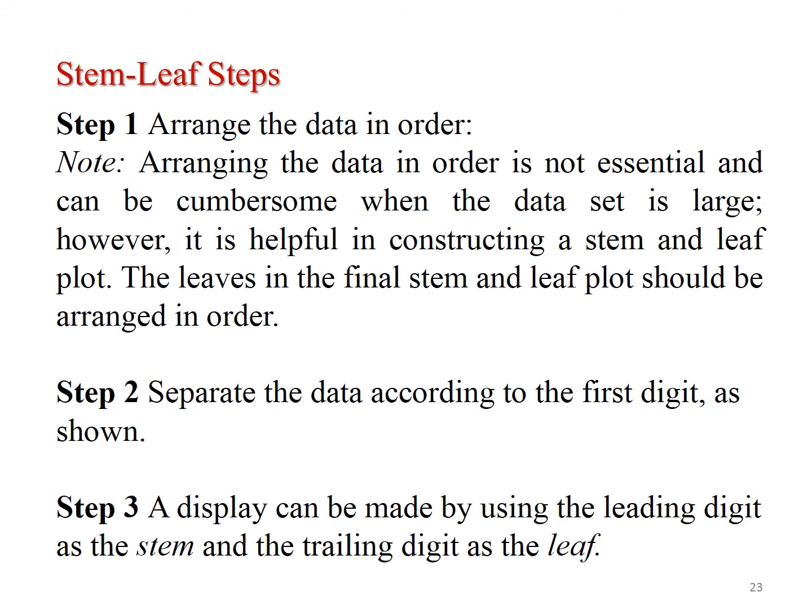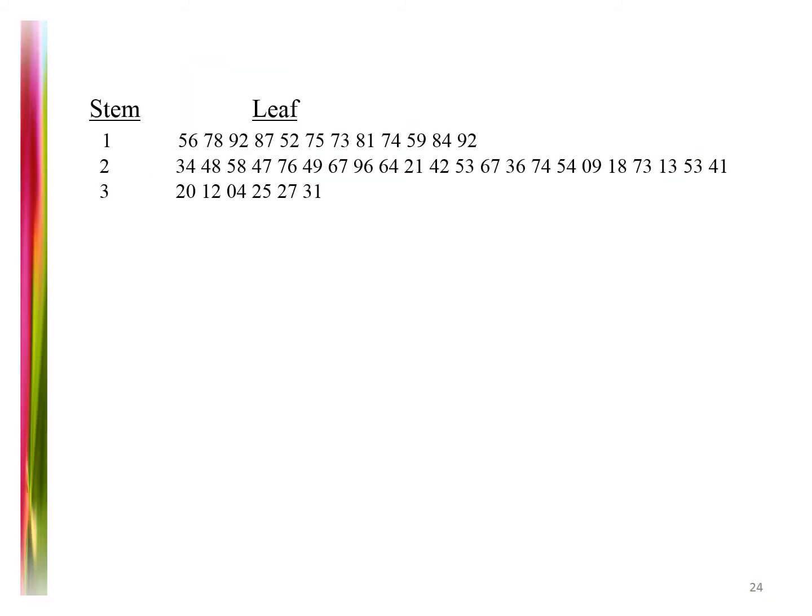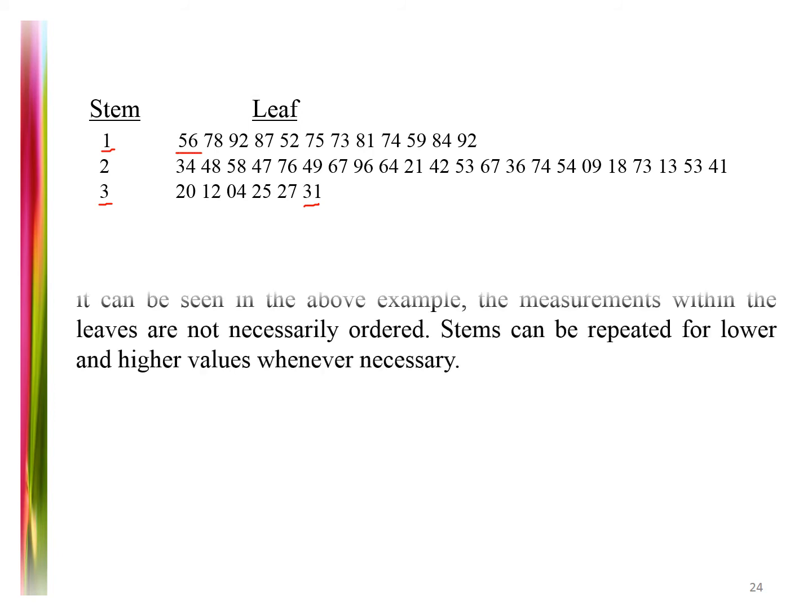And step 3. Display can be made using the leading digit as stem and trailing digit as leaf. So that means 156, 178, 192, 187, 152, up to the last one, 331. The first one is 156. So this is an easy way.